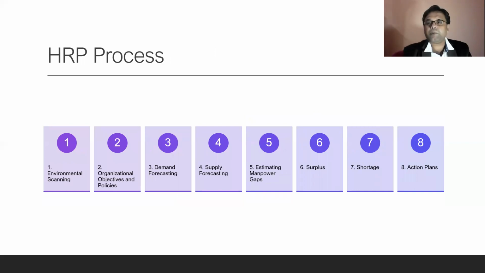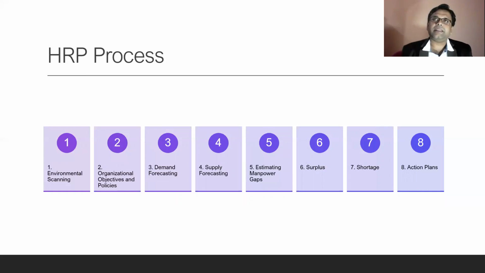So how does the HRP process work? That's very simple, straightforward, but very important. First one is environmental scanning. We need to do a thorough environmental scanning of whether we are in a position to hire, or what the present environmental condition is. This is the unlock phase, and when there is a probability of the coronavirus vaccine coming, we'll be taking decisions accordingly.